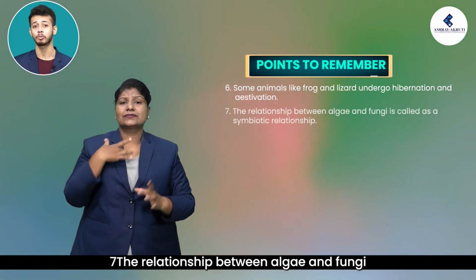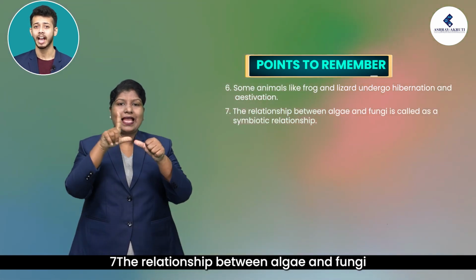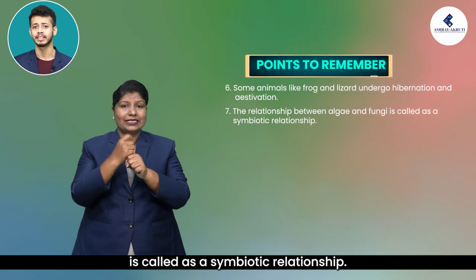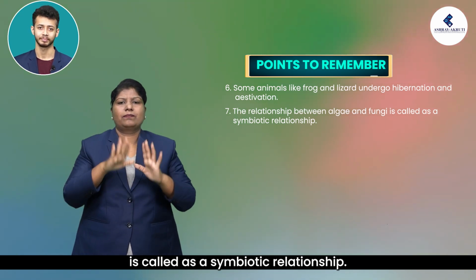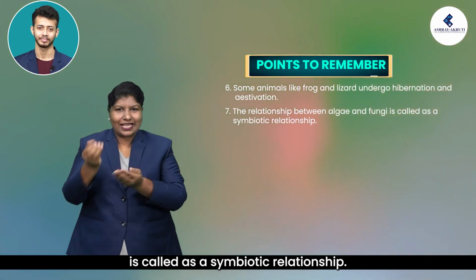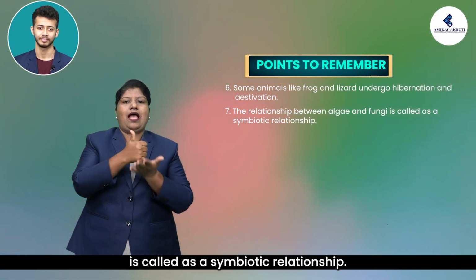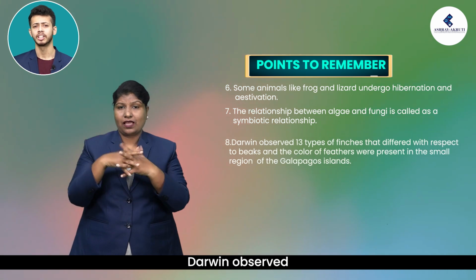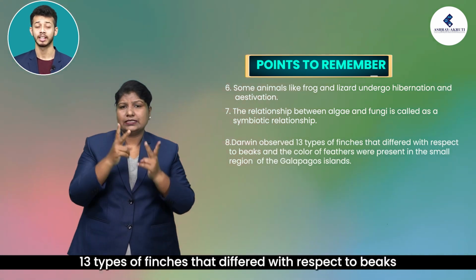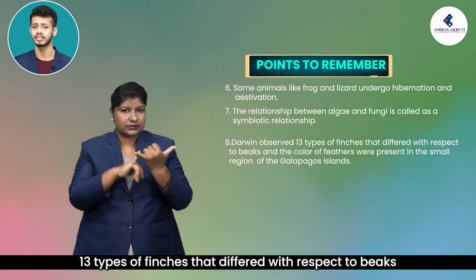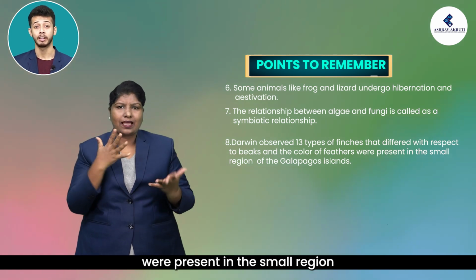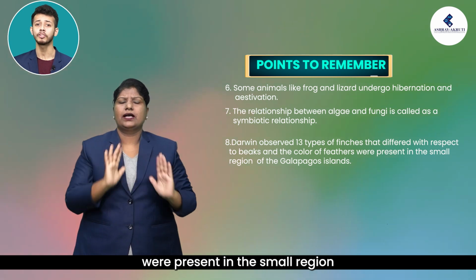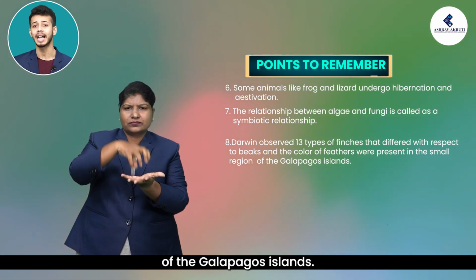The relationship between algae and fungi is called a symbiotic relationship. Darwin observed 13 types of finches that differed with respect to beaks and the color of feathers, were present in the small regions of the Galapagos Islands.